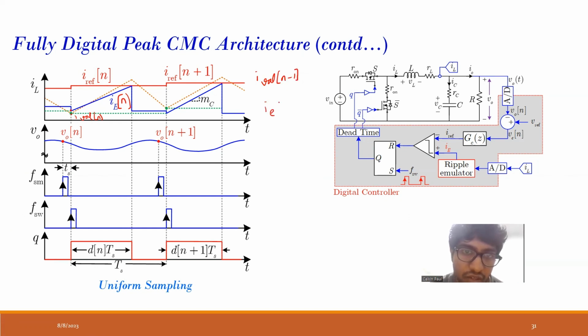So this IE of n uses I valley of n minus 1, and it adds the ramp to that. But the actual valley current at that point is this one, I valley of n. The actual valley point of the inductor current is this, but I use the previous valley point and I add the ramp to that.